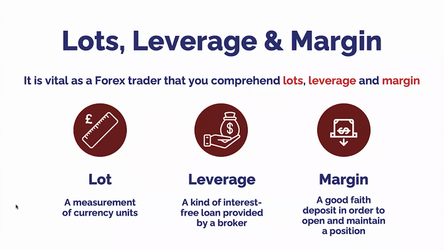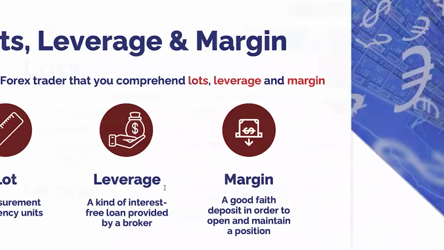Leverage is a kind of interest-free loan provided by your broker. And margin is your good faith deposit in order to open and maintain positions. So in a nutshell, that's what it is. But let's delve deeper and go into it in a bit more depth.